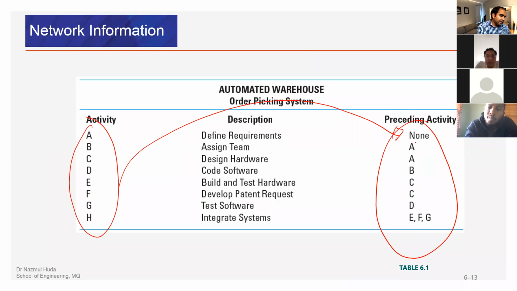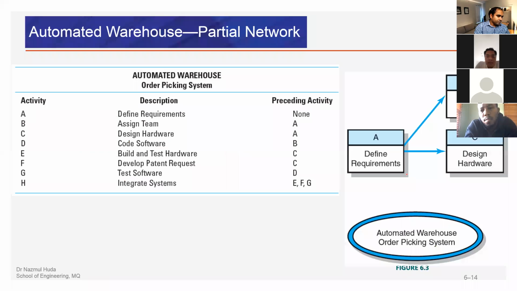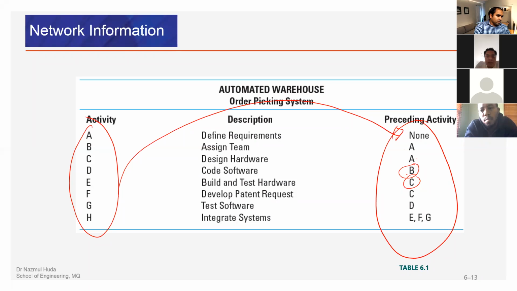Like, B is preceded by what? All right, A. C is preceded by B. All right. Okay.